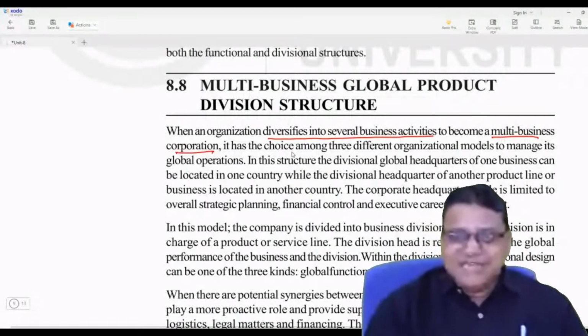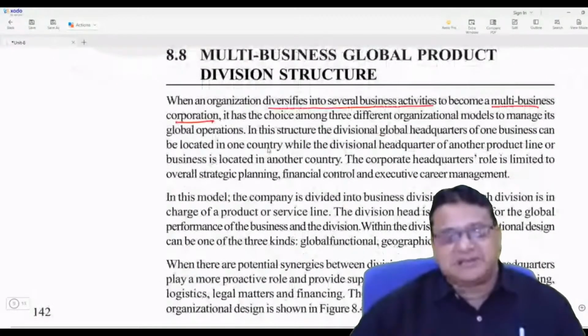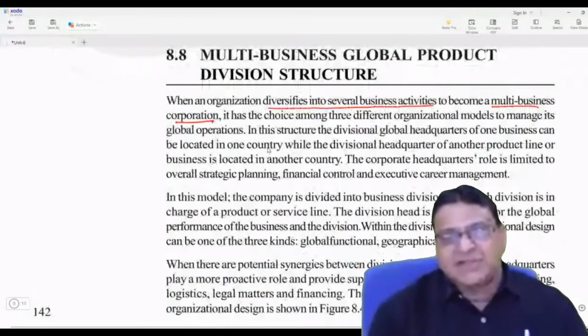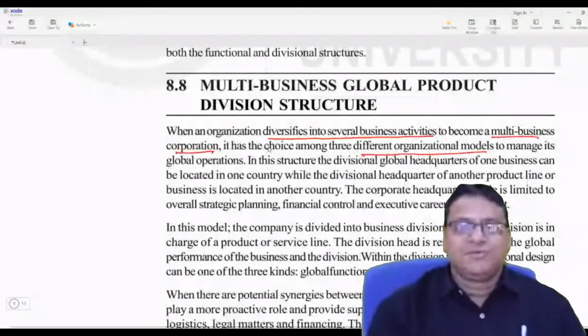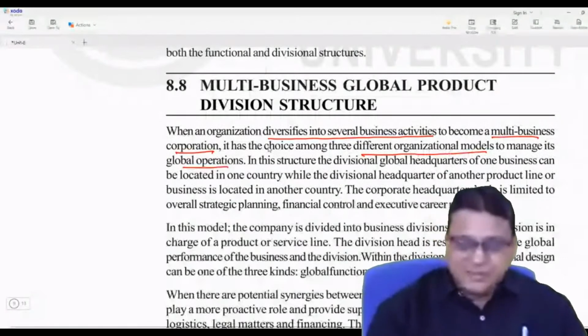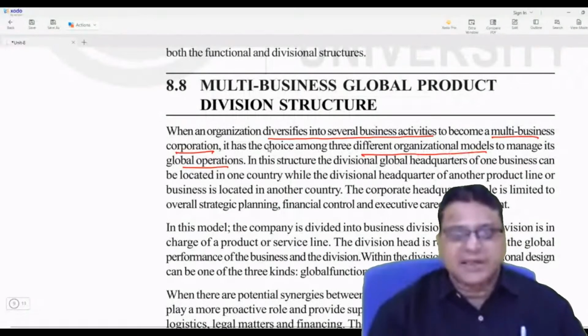The multi-business corporation is such a type of corporation which is involved in many types of business. The multi-business organizations may adopt any of the organizational models to manage their global operation. They may adopt functional model, divisional model, or matrix model. So this is known as multi-business global product divisional model.